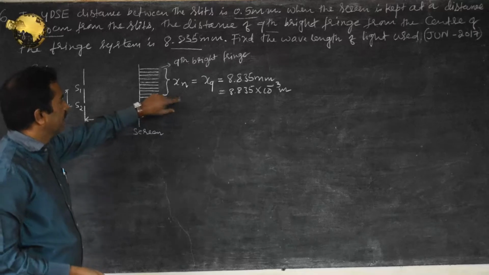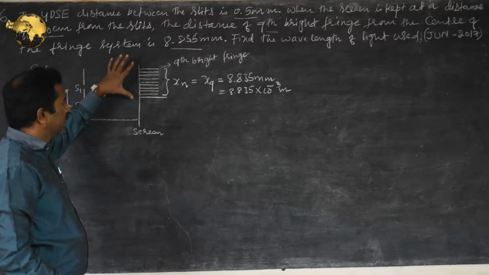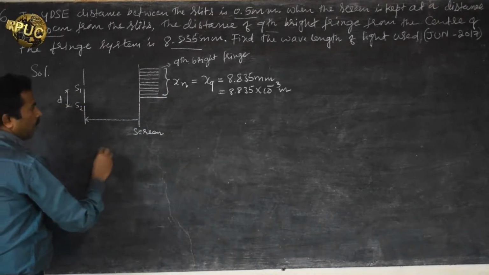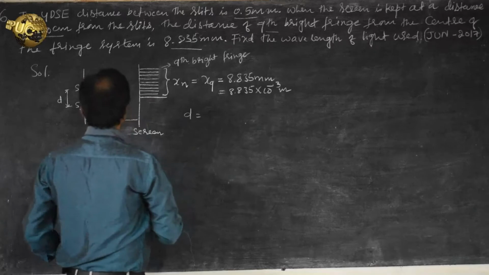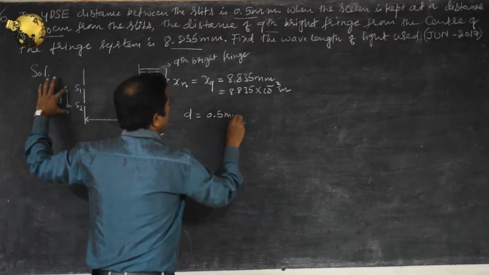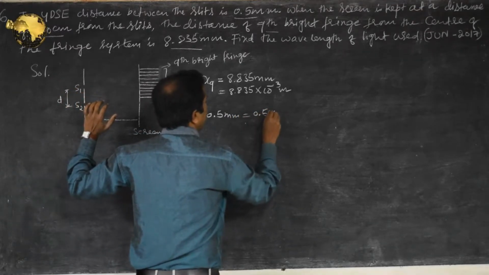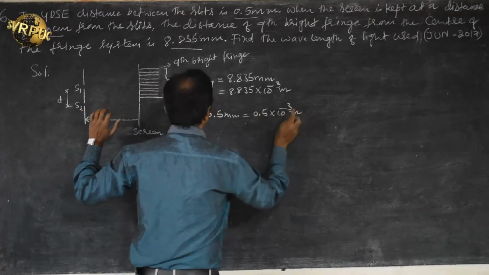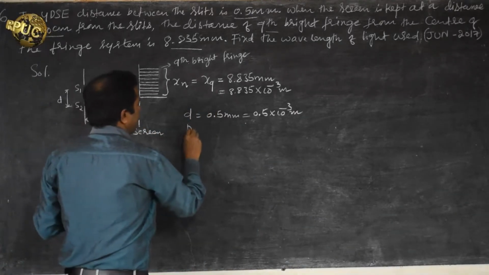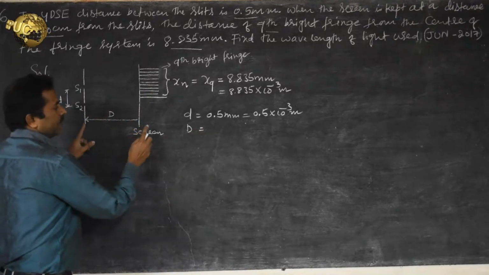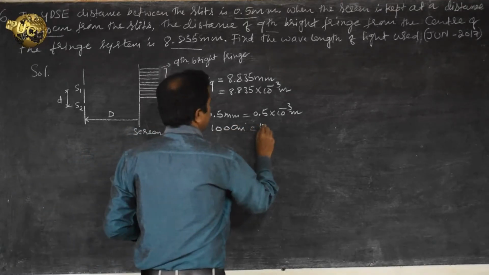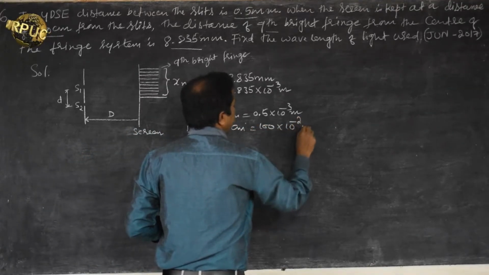So this xn is the distance of the 9th bright fringe from the central fringe, and small d, the distance between the two slits, is given by 0.5 millimeter, 0.5 into 10 to the power minus 3 meter. And capital D is the distance between slit and the screen, equal to 100 centimeter, which is 100 into 10 to the power minus 2 meter.